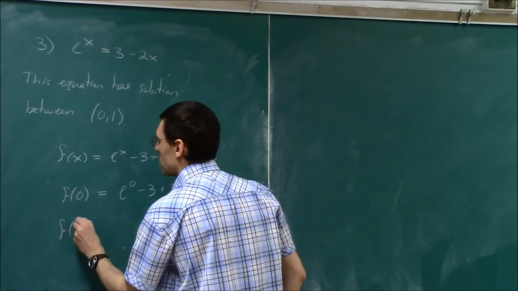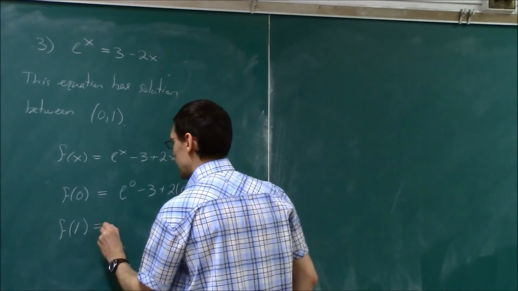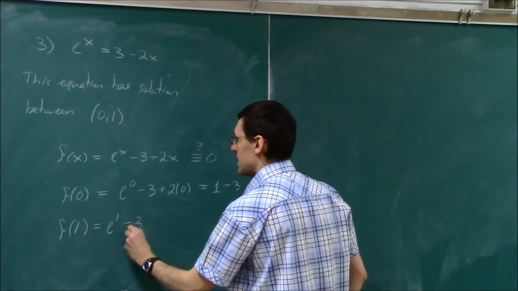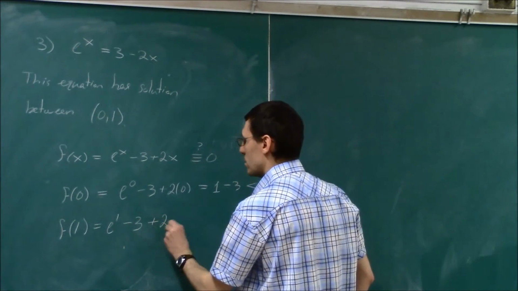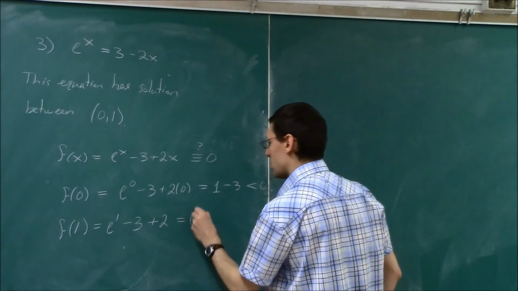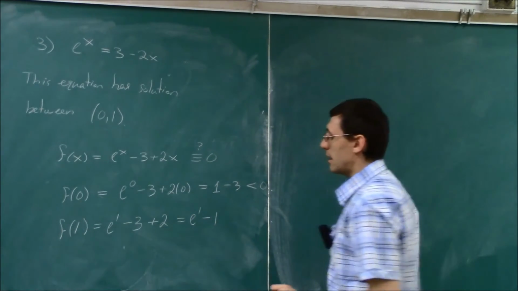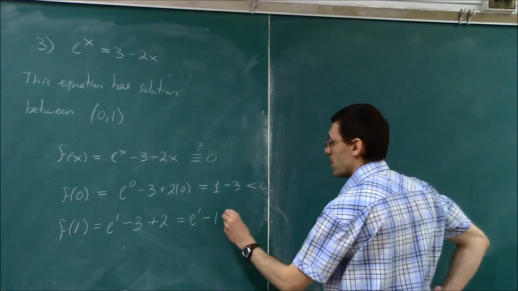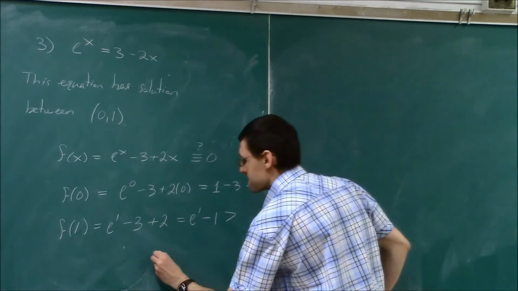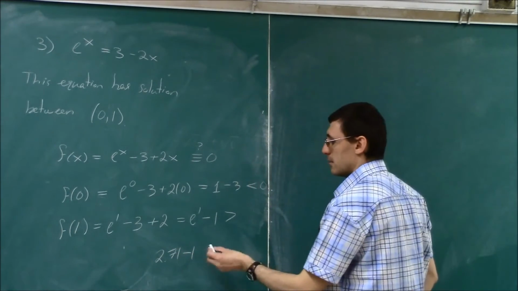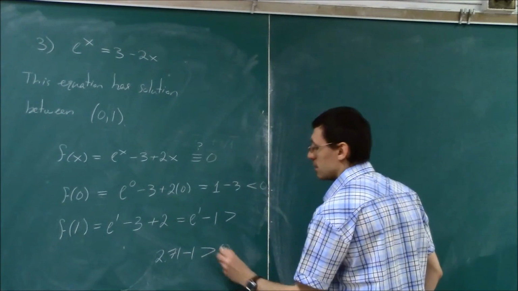Now let's consider what is f of 1. That's going to be e to the power of 1 minus 3 plus 2. So that's just e to the power of 1 minus 1. Now e is bigger than 2.71. So 2.71 minus 1 is bigger than 0.